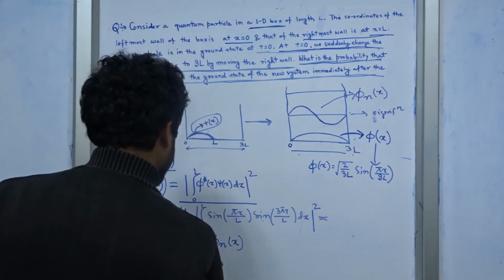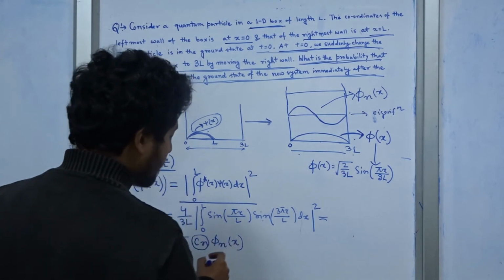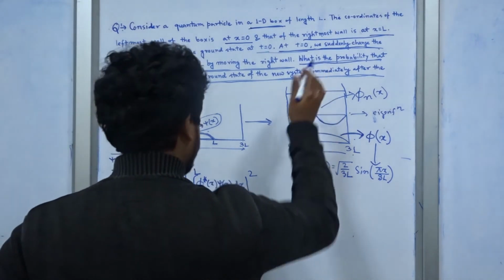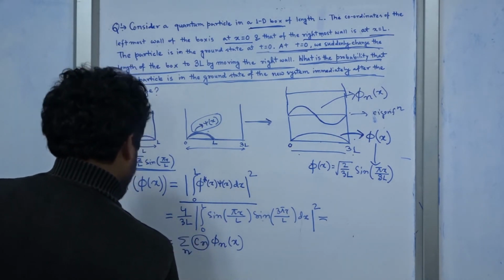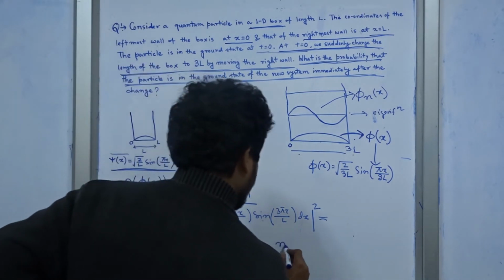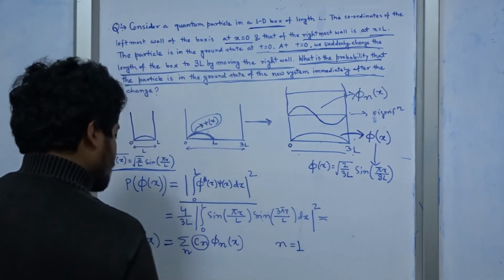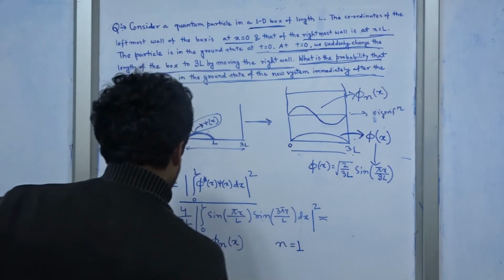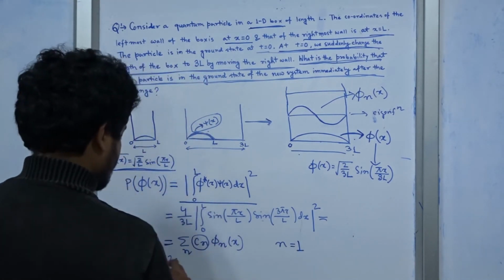Now all this Cn is actually the contribution from each wave function. So what is the possibility of finding it in the ground state? Ground state means n is equal to 1, and the possibility of finding the ground state is given by mod C1 square.